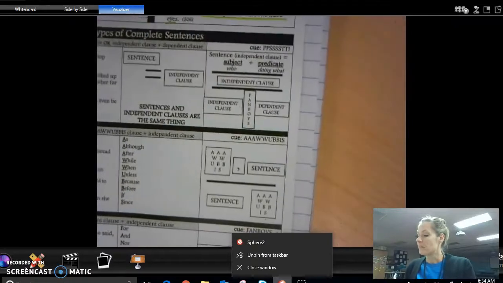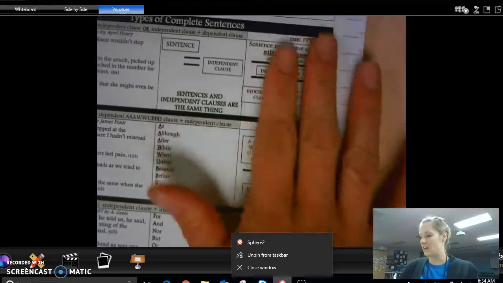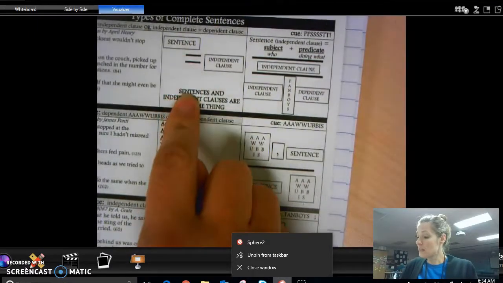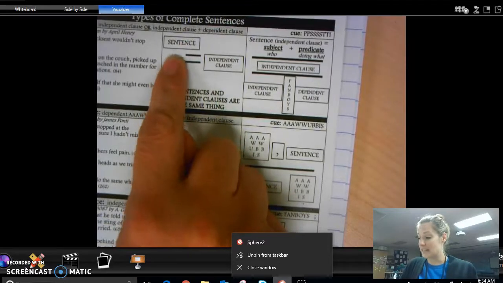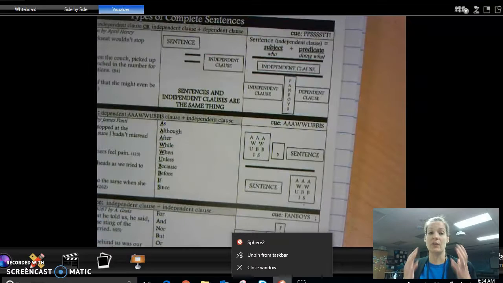Okay. Then in the middle section is any information that you will need to understand the far right section. So that being said, in the middle, like here, when I say sentence, that means independent clause. Sentence and independent clause are the same thing. And I guess I really should say the complete sentence and an independent clause are the same thing.